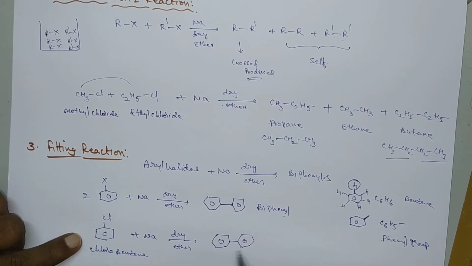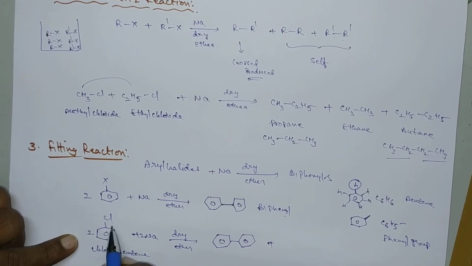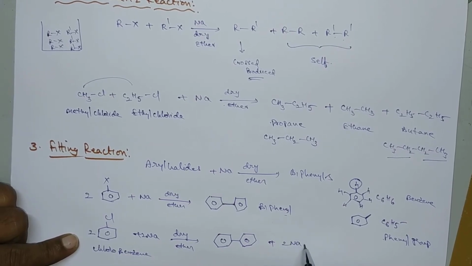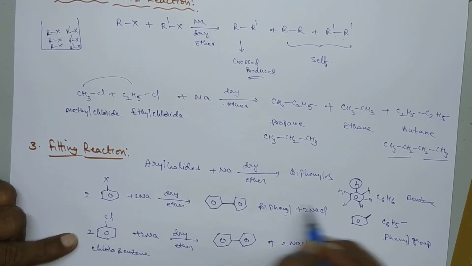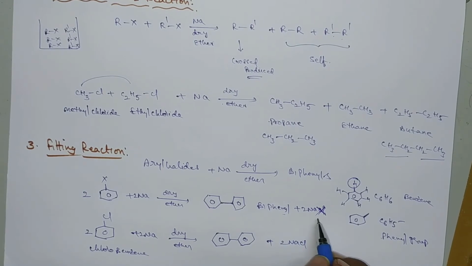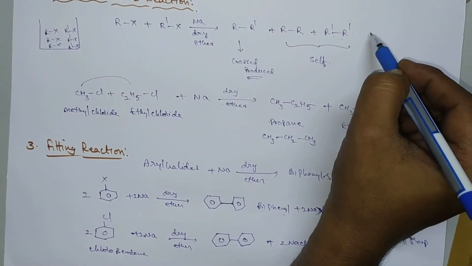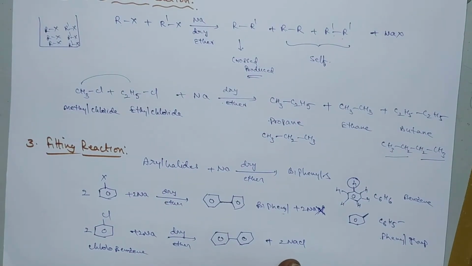So what is the byproduct here? Here 2 moles of sodium chloride are eliminated. Here X means any halogen, so 2 NaX. So here also the byproduct is NaX. These are the main products.